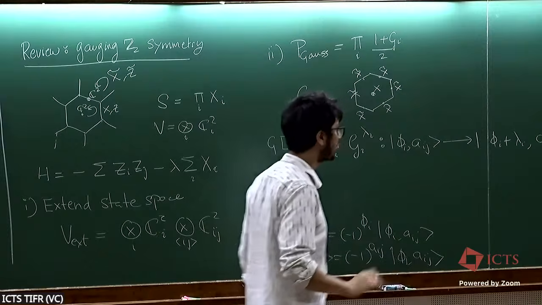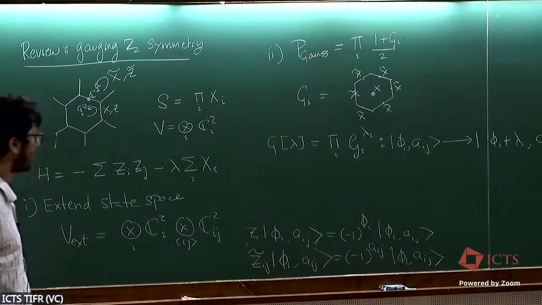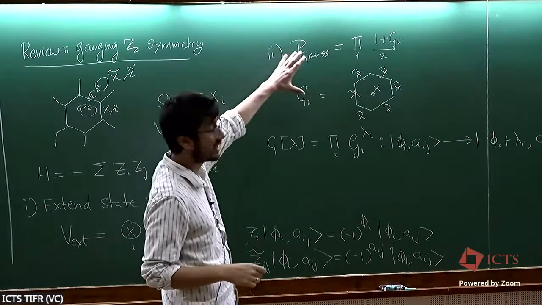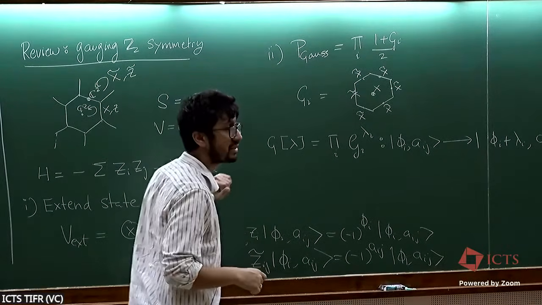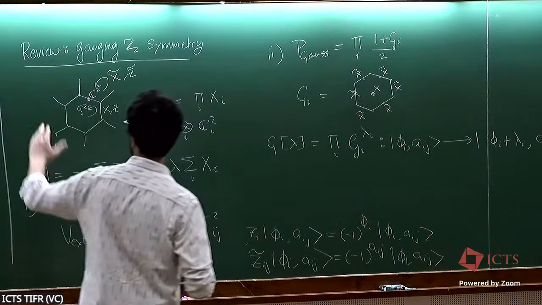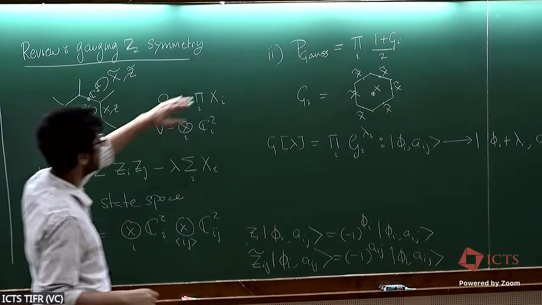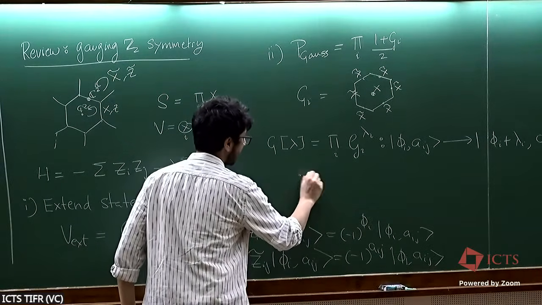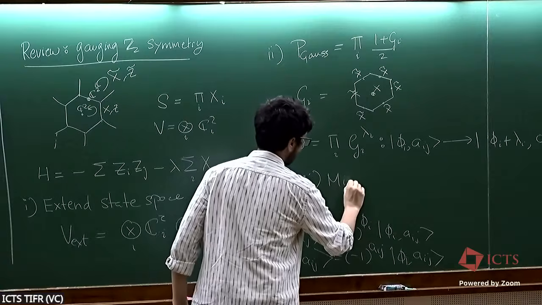So it's just the usual gauge transformation implemented on the lattice. And so we want to go to a singlet under this gauge transformation. So first we extend the Hilbert space, we impose the Gauss constraint, and we also minimally couple the Hamiltonian such that it commutes with the Gauss operator.